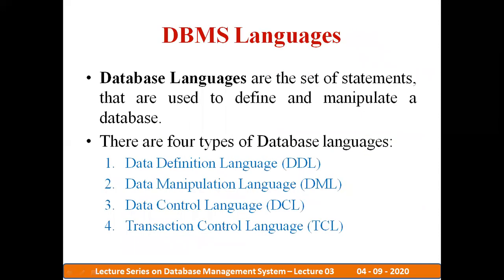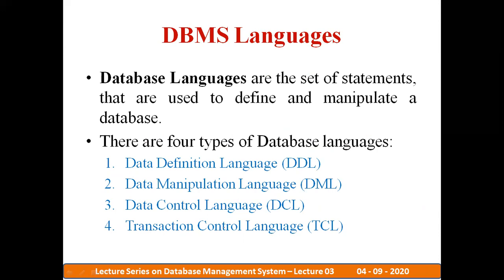Now, the DBMS languages. As we know, we use the C programming language to interact with the computer. To interact with the DBMS, we must have some languages. Why are we using these languages? These languages will define and manipulate the database. To interact with the database, I must have some languages.